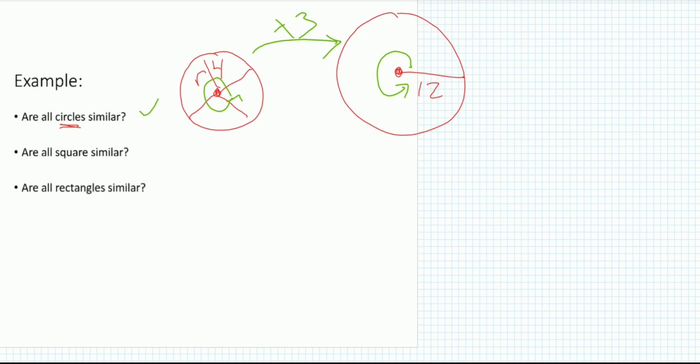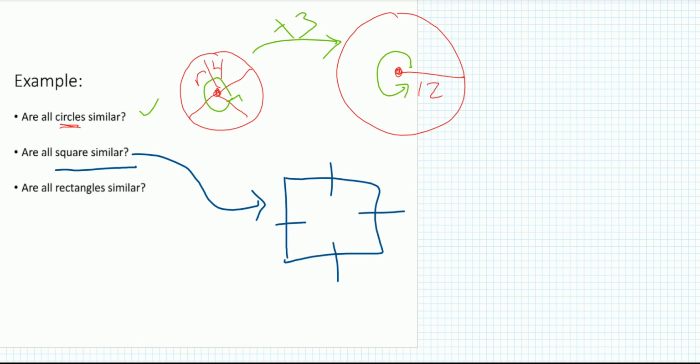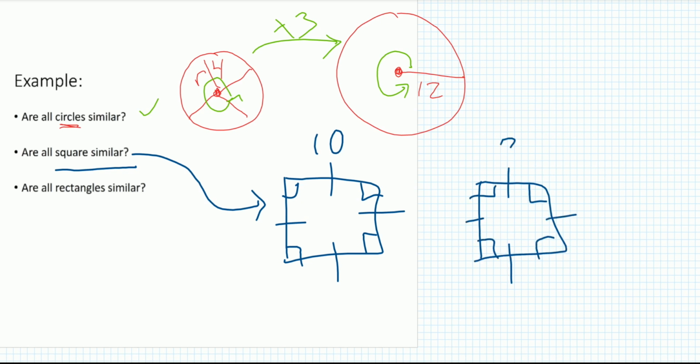Same thing now, but for squares. You have to just think about what is the definition of a square. A square has 4 congruent sides, and all of the angles are 90 degrees. So let's imagine you take one square with side length 10, and then you take another square with side length, let's do, I don't know, 3. Are these two similar?